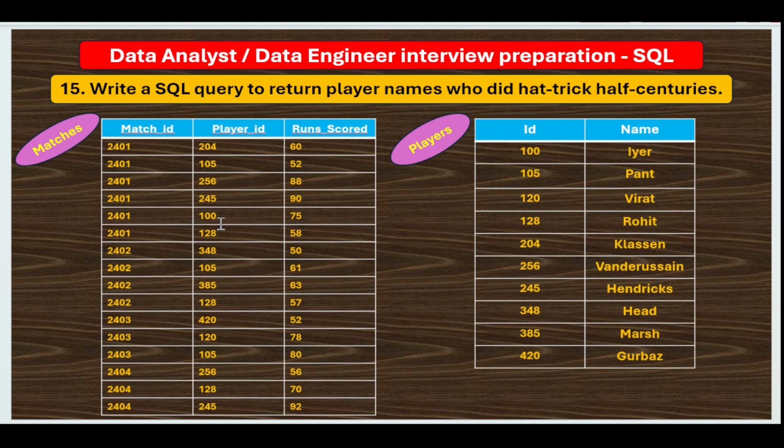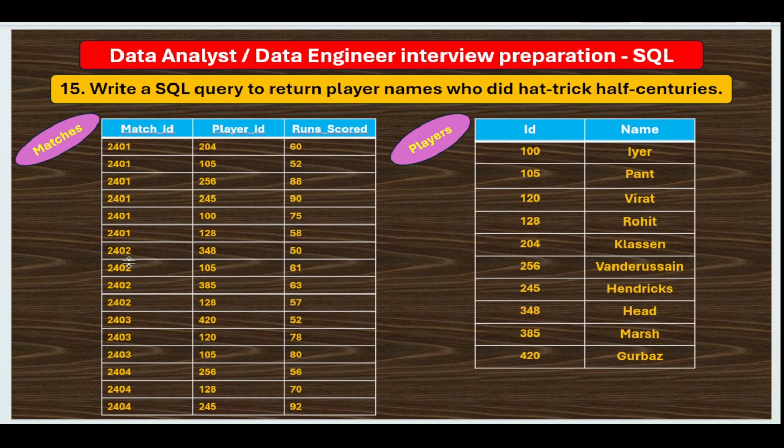In the second match, 245 is not present, he did not score a half century, so we can avoid 245 also. Now 100: there is no 100 in the second match, so we can avoid that as well.